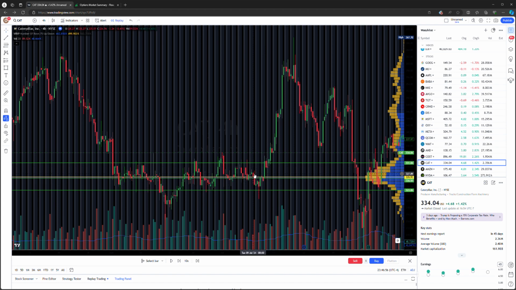The longer the price spends stuck inside a range where the point of control is developing, the bigger the price movement is going to be when it leaves that range, because they are either accumulating or distributing a position.